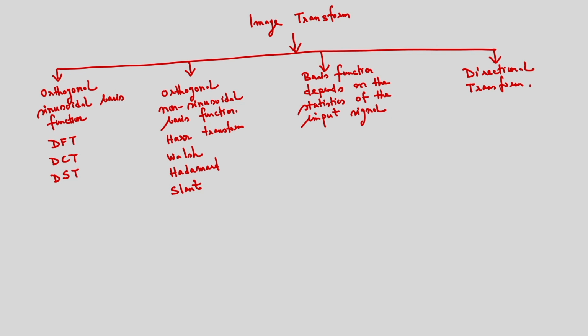The next one is where the basis function depends on the statistics of the input data. In this case I can give examples: one is the KL transformation, which I will discuss, and another one is singular value decomposition, SVD. So the basis function is not fixed, but depends on the statistics of the input signal.